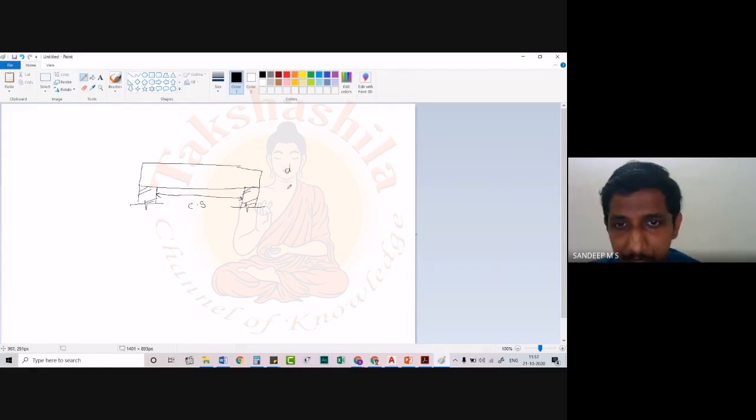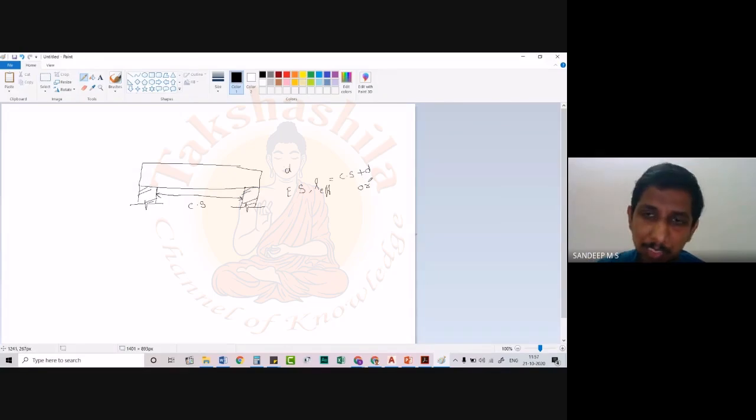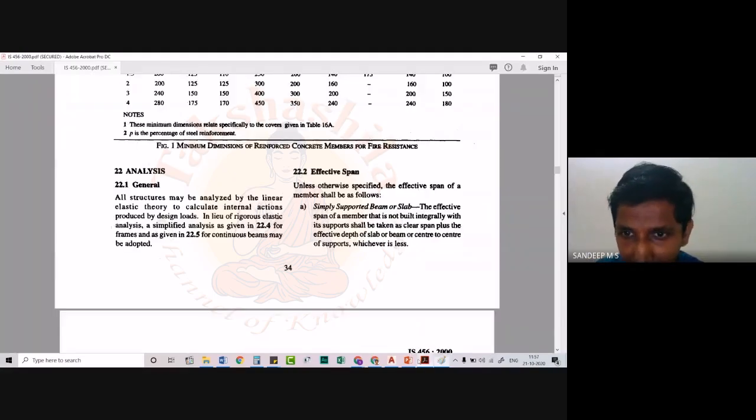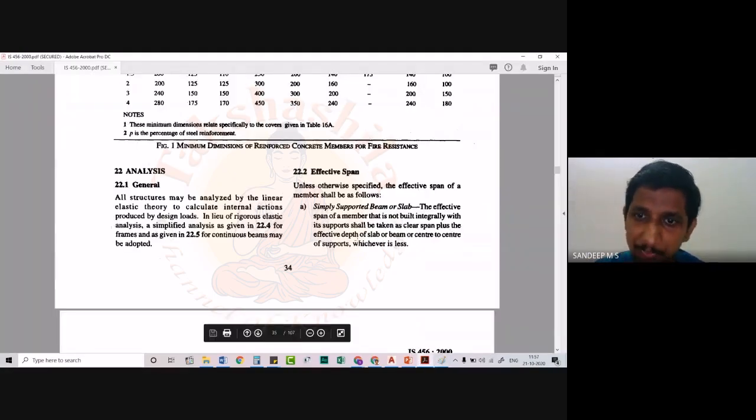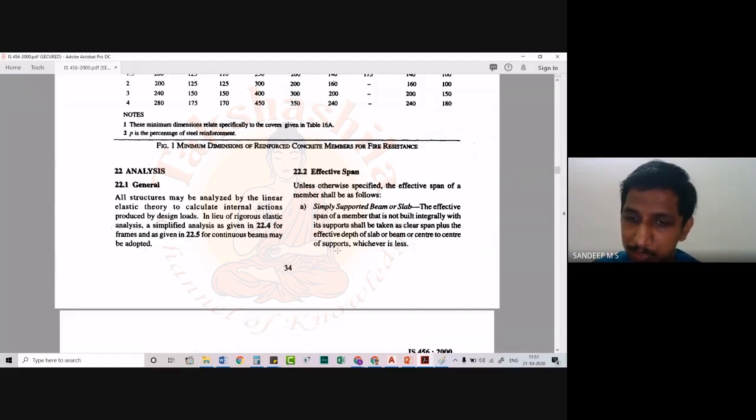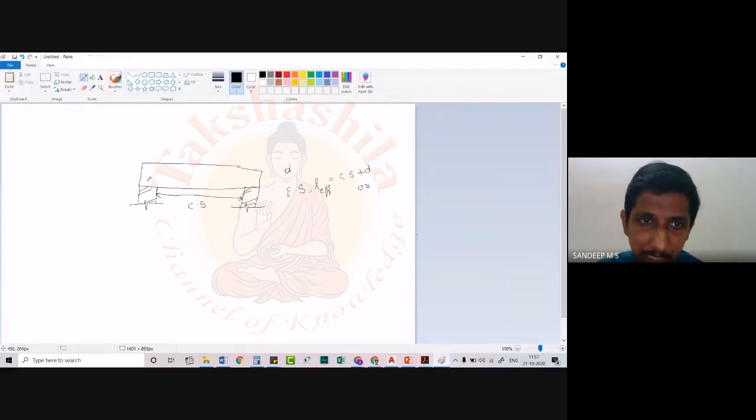So your effective span, let's mark it as small letter L effective, will be equal to clear span plus d, or we have one more condition, that is clear span plus effective depth of slab or beam or center to center of the supports. That is, the second condition is like this. It can be the distance from the center of this support to center of your second support.